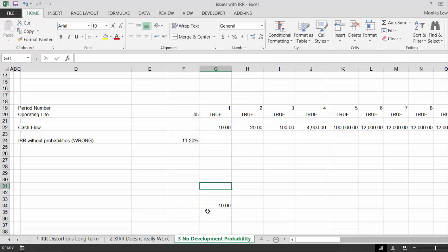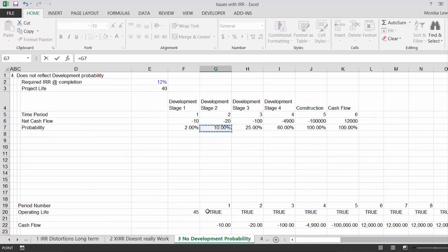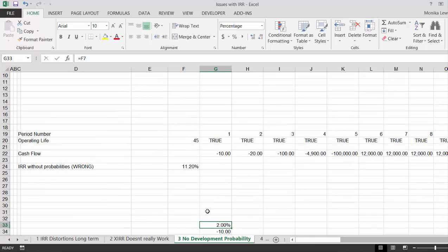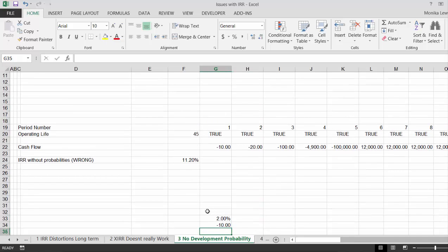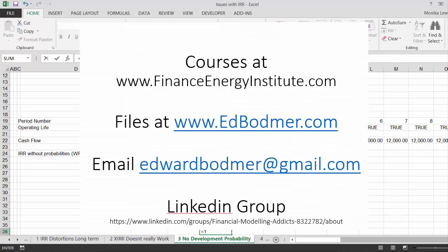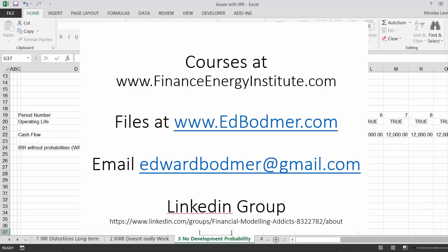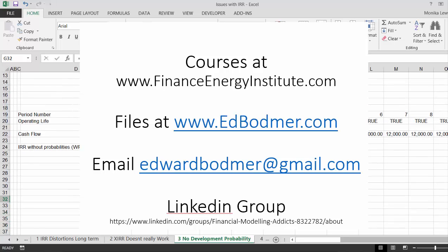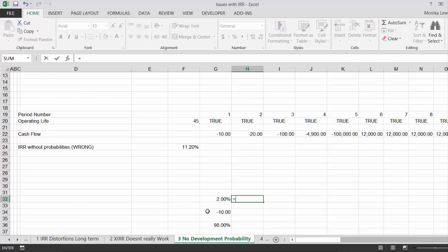And then to get past period 1, let's see if this works. To get past period 1, we have a 2% stage, and maybe I'll skip up 1 minus this. We can always. So then, if we get to 2, then we spend this one.